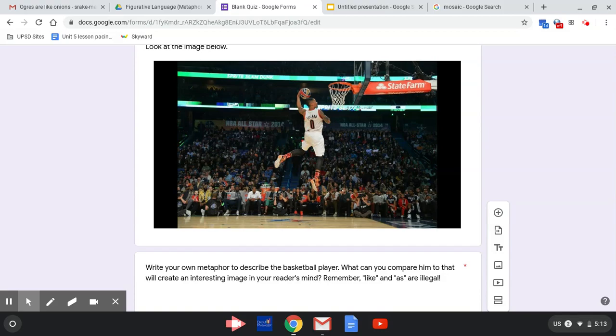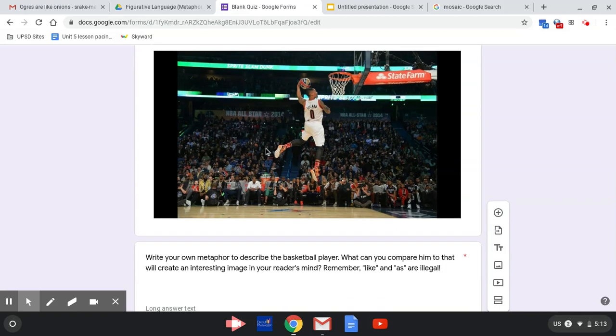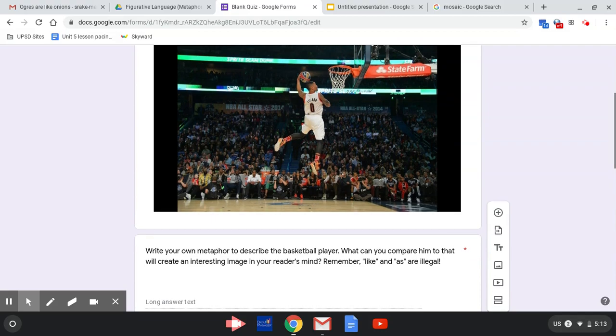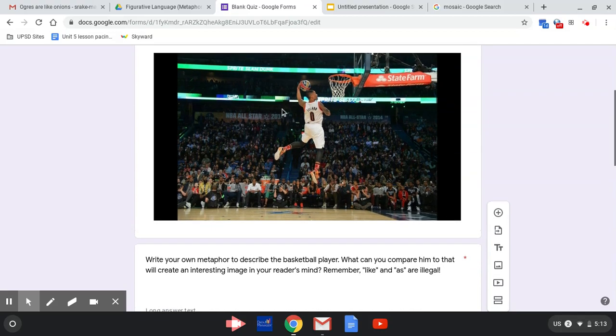Those are both two athletes. So that's kind of boring, but if I were to describe Damian Lillard as a jet plane taking off in flight, that would be interesting, right? I could compare Damian Lillard to an airplane.